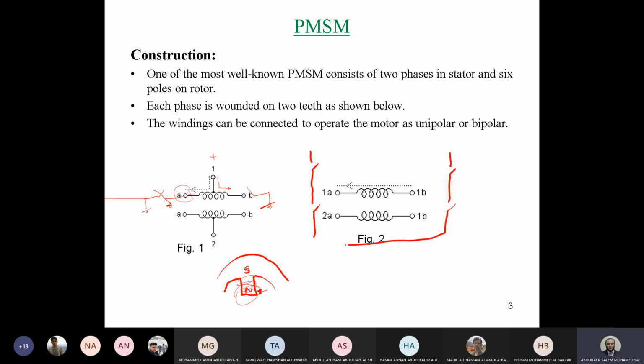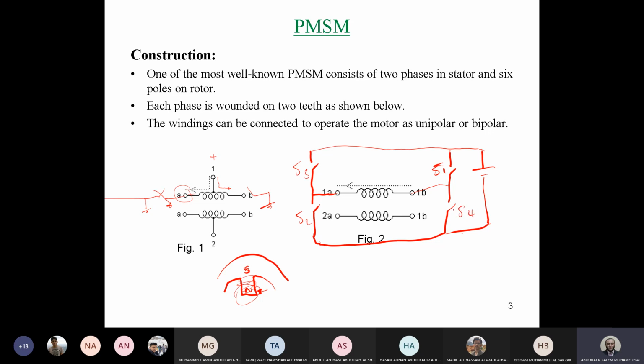And this is a simple representation for the H bridge. And here we will connect our DC supply. So we may have S1, S2, S3, and S4.